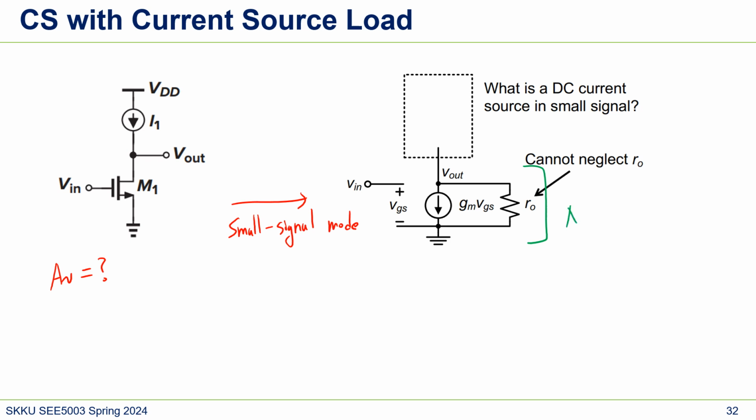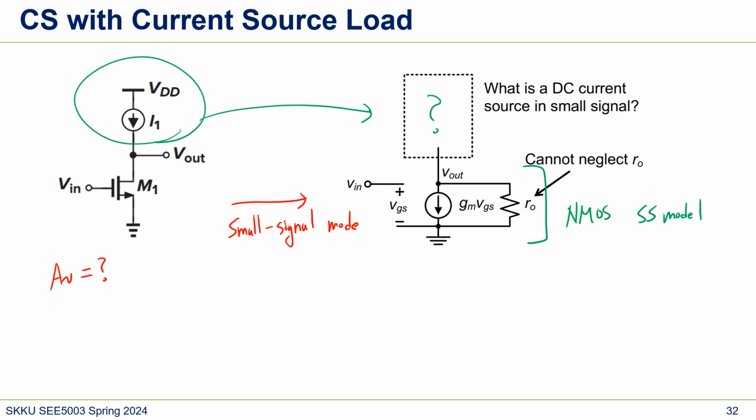These are the NMOS small signal model. Then how about this current source? How do we change it? So the answer is we just open it. We assume that there's nothing attached. Just open. And let me explain why it is open.